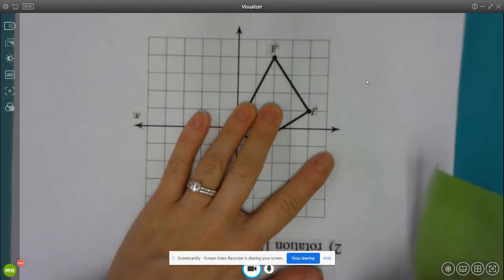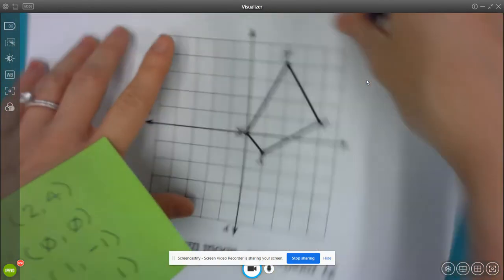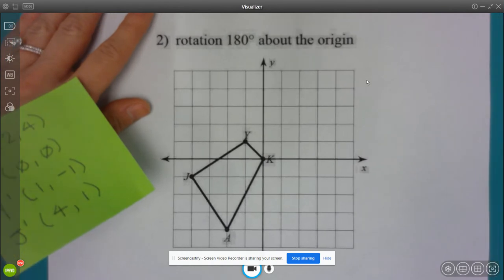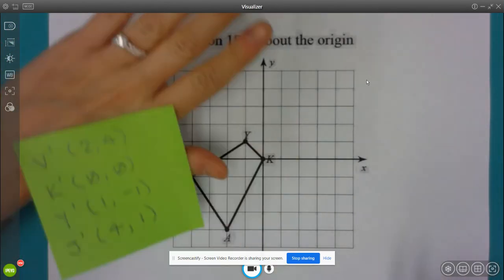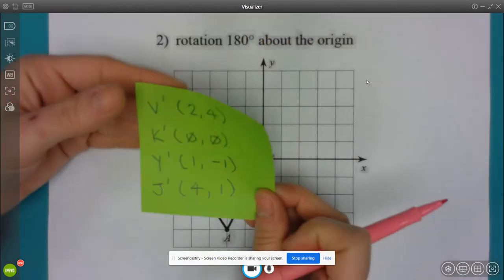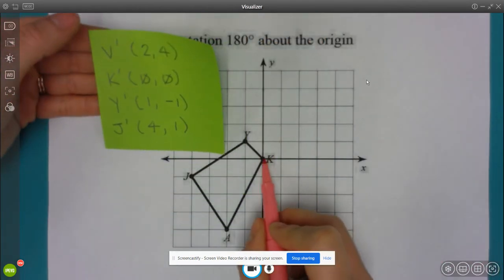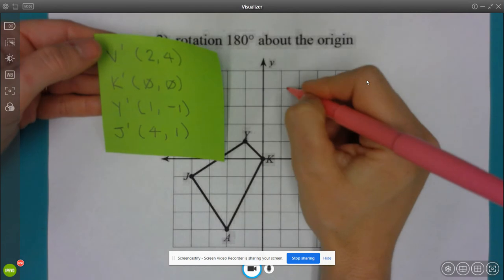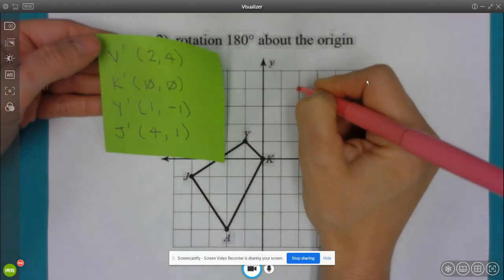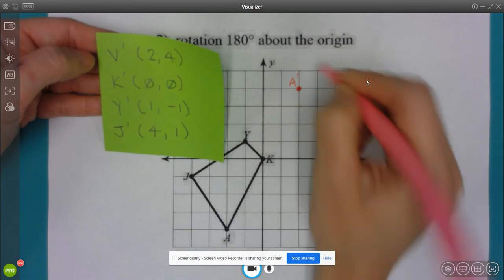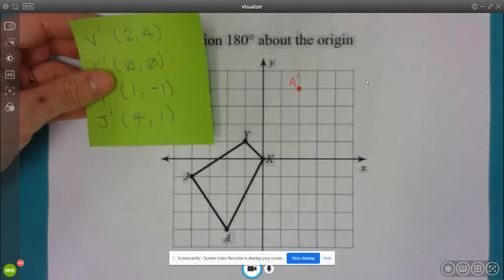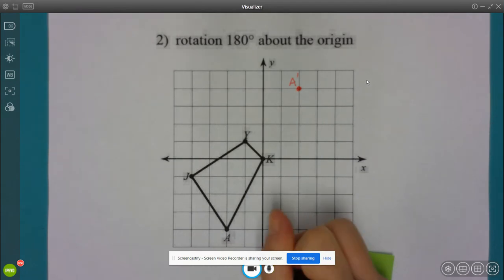So I'm going to take these and I'm going to rotate my picture back to the original and graph my image coordinates. So I have V at 2, 4. So this is, oh, that's an A. Upside down, that sure looked like a V. This is A prime.